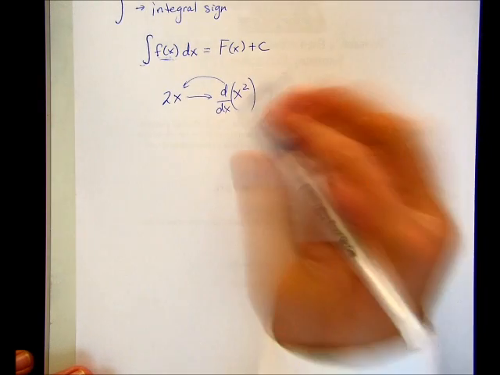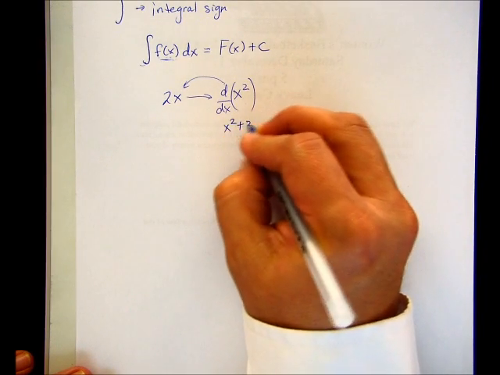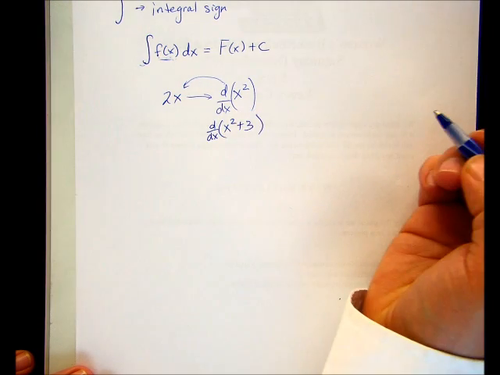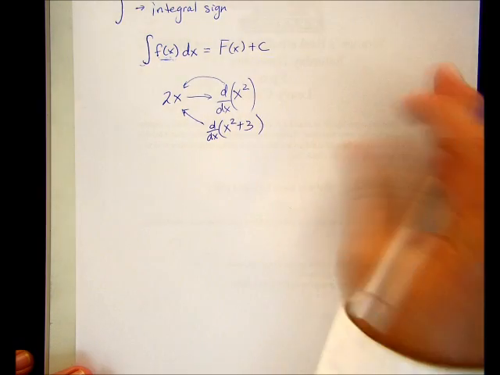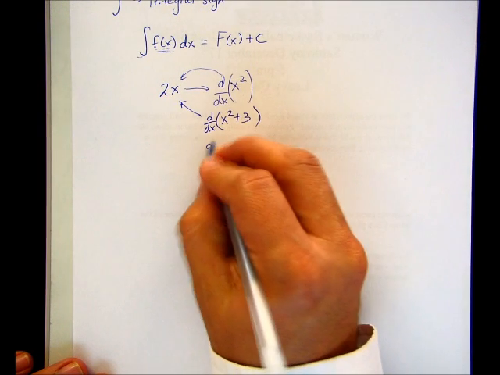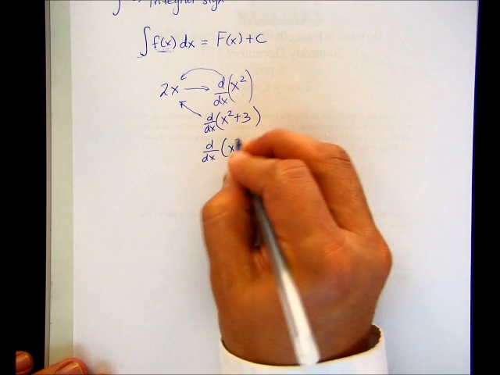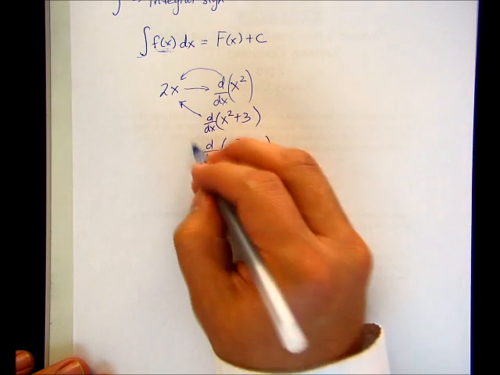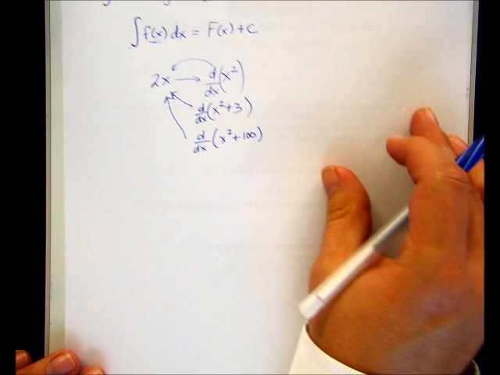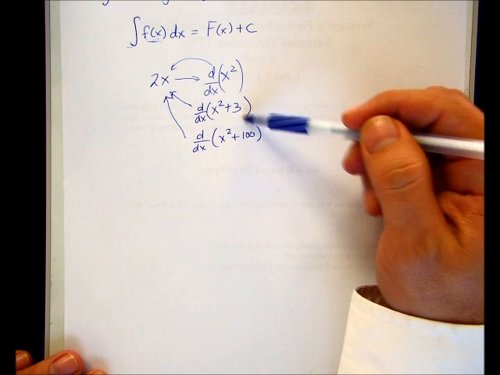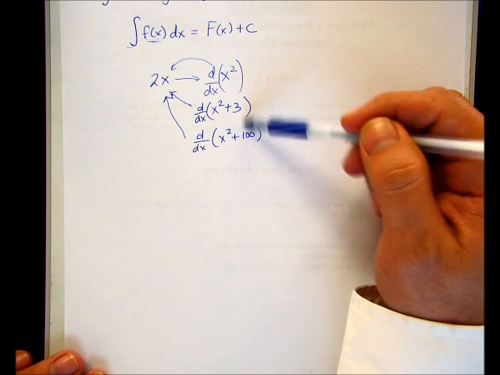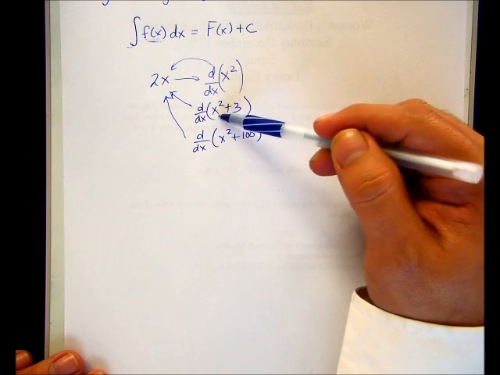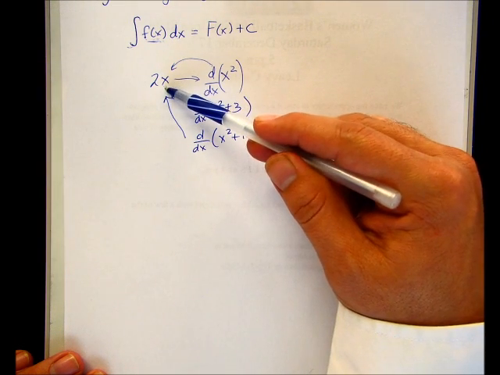But the derivative of x squared plus 3 is also 2x, and the derivative of x squared plus 100 is also 2x. So you notice that we can add any constant to x squared, and when we take the derivative, we're going to end up with 2x.